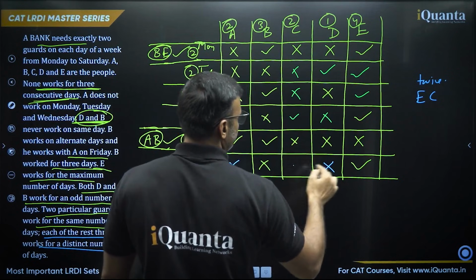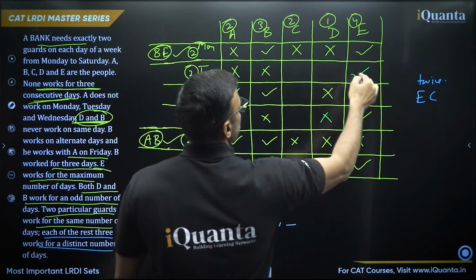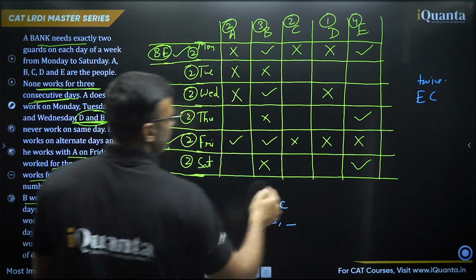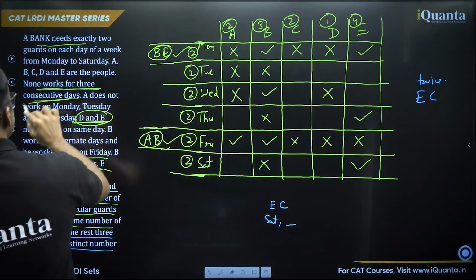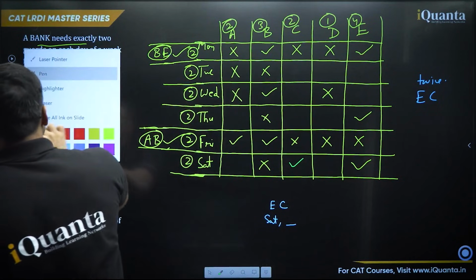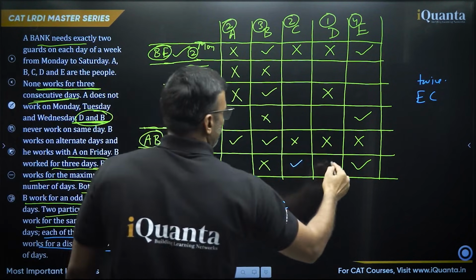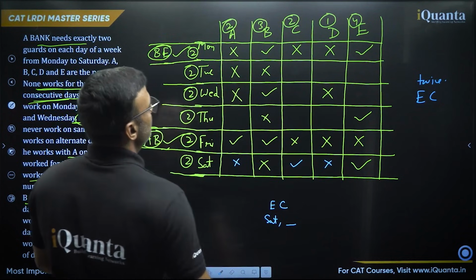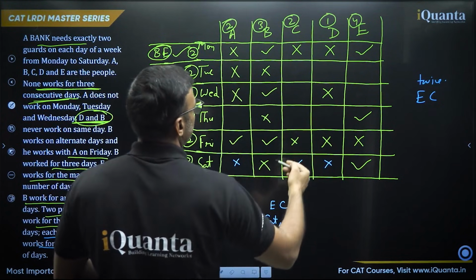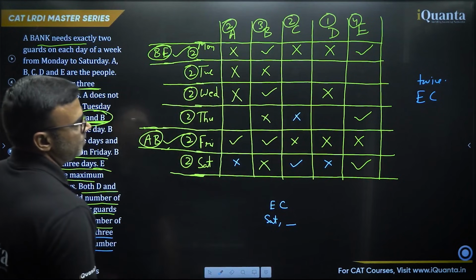So Thursday is not happening. Wait. So now we know that Saturday and Thursday together are not possible. Okay. So we put a cut mark here.